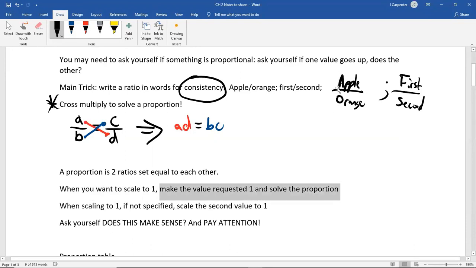So you would maybe be told, all right, 2 apples to 3 oranges. And then they say, scale the apples to 1. So 2 over 3 would be one of your fractions. And then on the other side, the apple on the top would be 1.